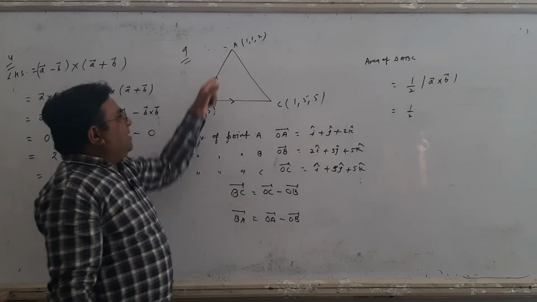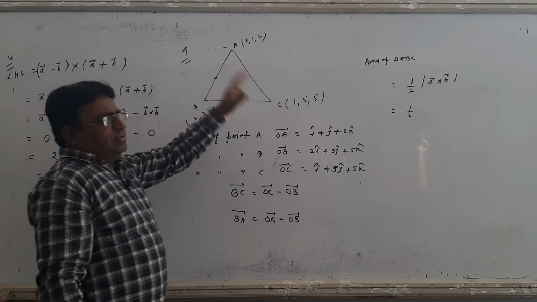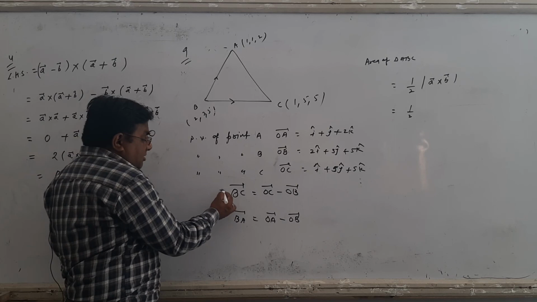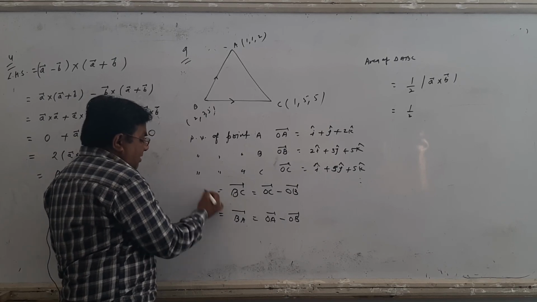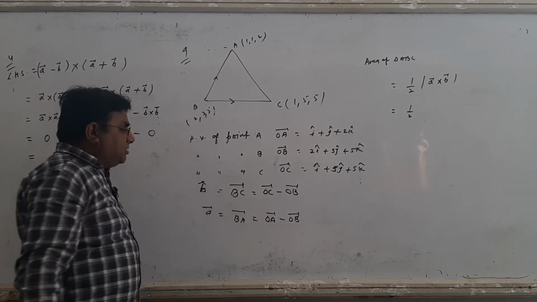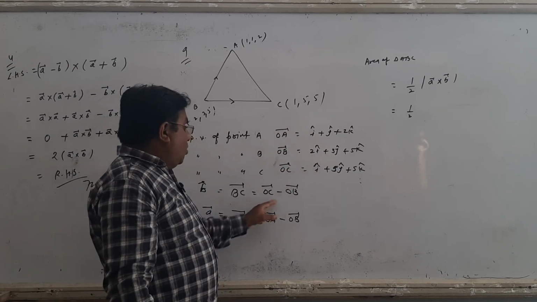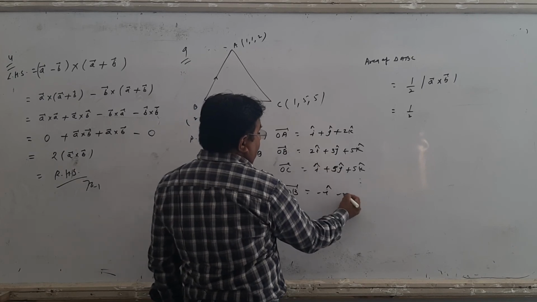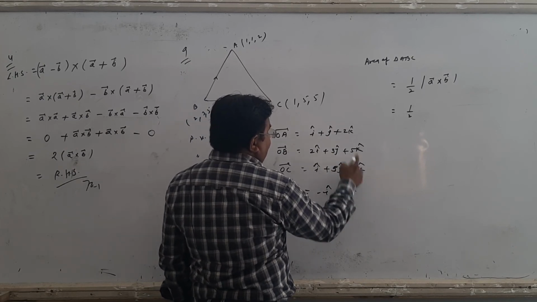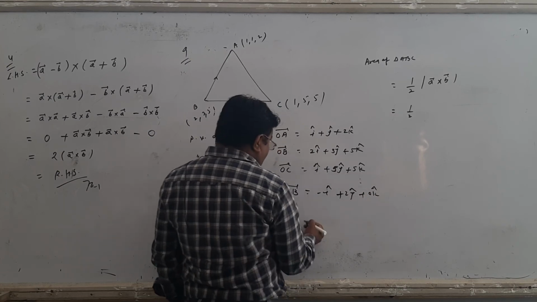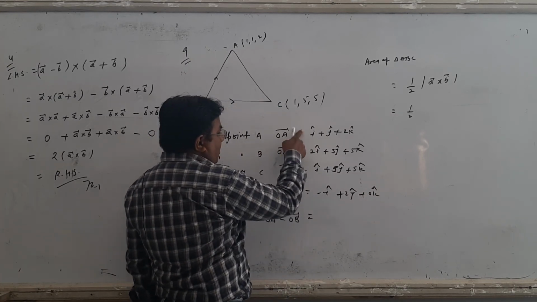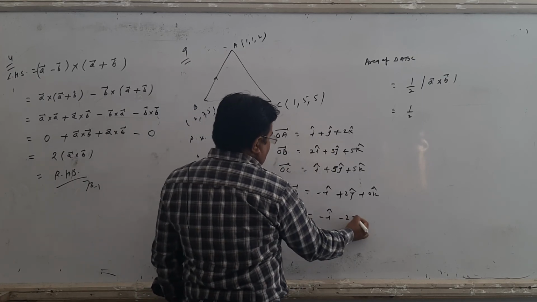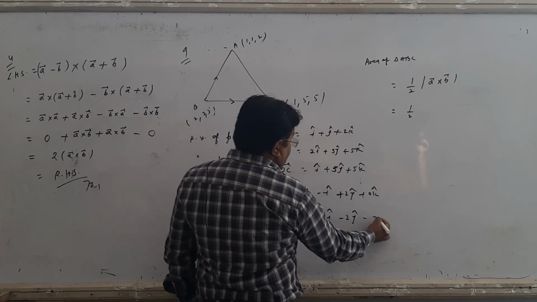You can also find AB and AC, or CA and CB, as adjacent sides, vector A and vector B. Here BC is vector A and BA is vector B. OC minus OB is minus i cap, 5 minus 3 gives plus 2 j cap, and 5 minus 5 gives 0 k cap. And OA minus OB is minus i cap, 1 minus 3 gives minus 2 j cap, and 2 minus 5 gives minus 3 k cap.